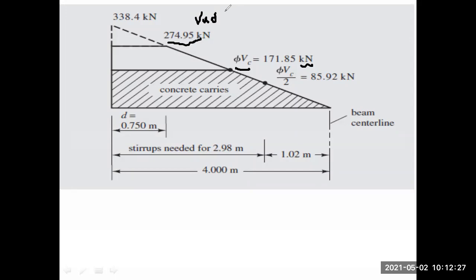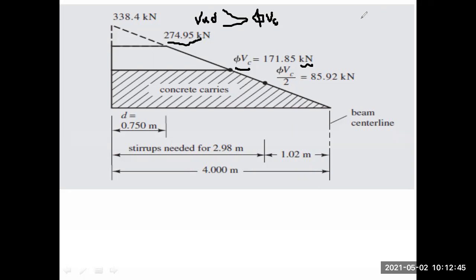It means that VU at d is much greater than phi VC, and when that is the case, we need to design for shear reinforcement.